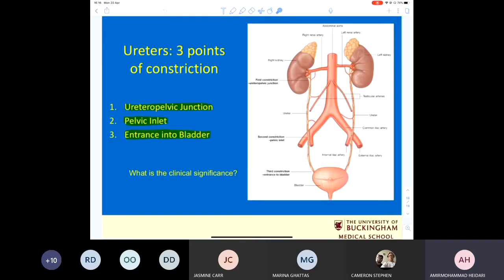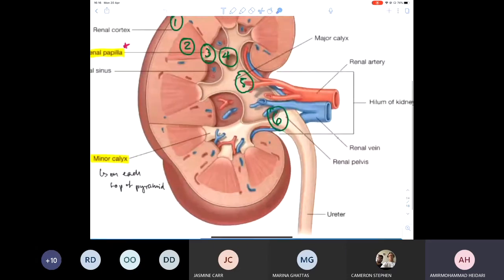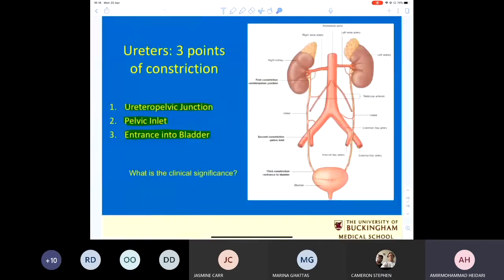So renal stones can get stuck in these three areas mostly. First of all, you've got the ureteropelvic junction. Remember that we talked about the renal pelvis. So ureteropelvic is the ureter and pelvis junction. So around here, that's the first part where the stone can get stuck.